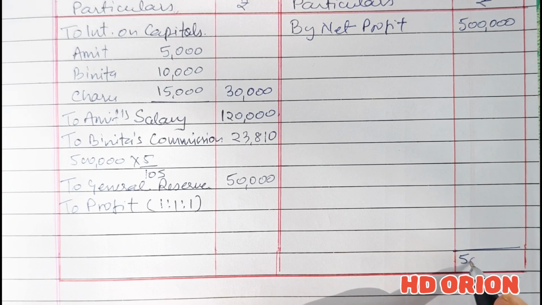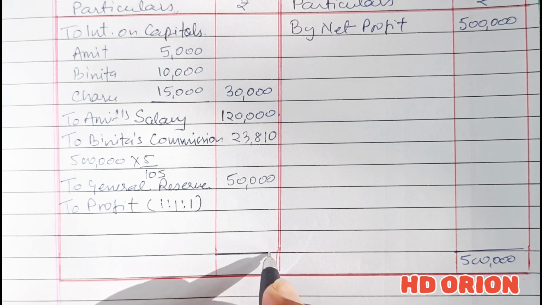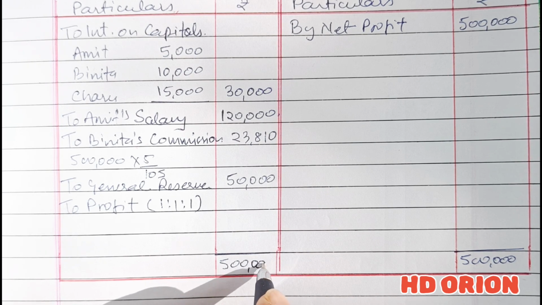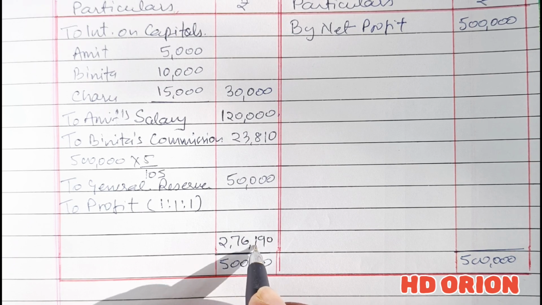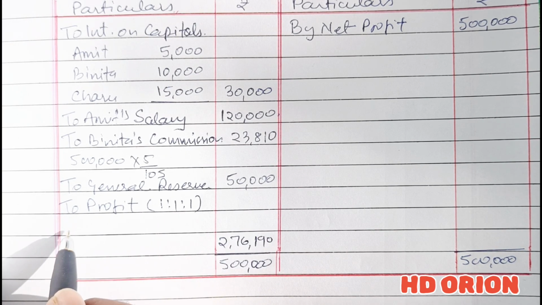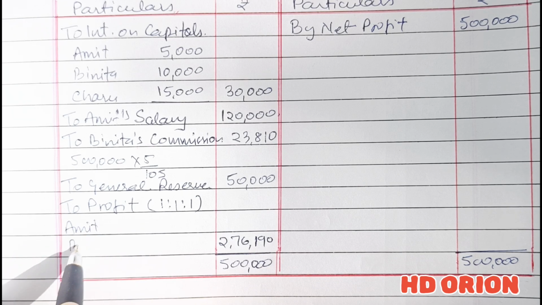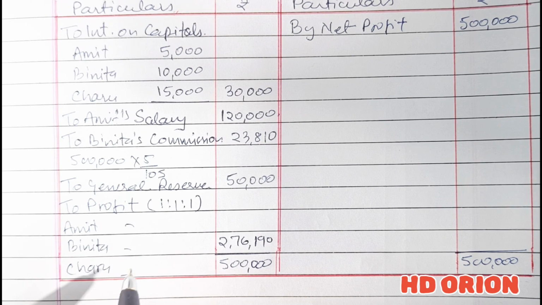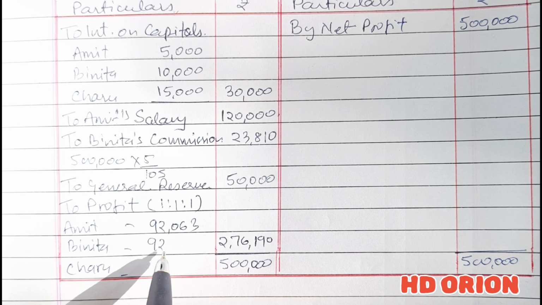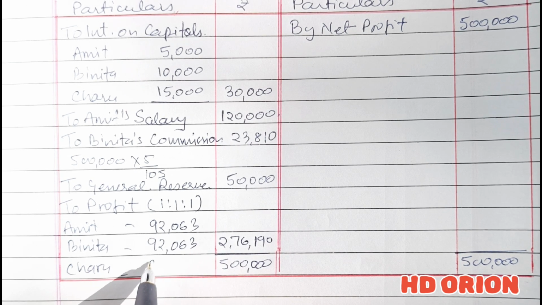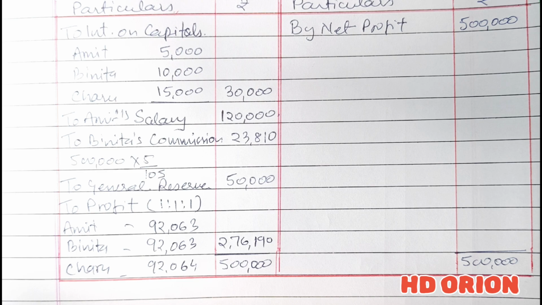So here 5 lakh minus all the items given on the debit side, the amount here is 2,76,190. When divided equally to partner Amit, Binita and Charu, the partners will get rupees 92,063 each. And to Charu, we will make it 94 to round out the figure. So this is how profit and loss appropriation account is to be prepared.